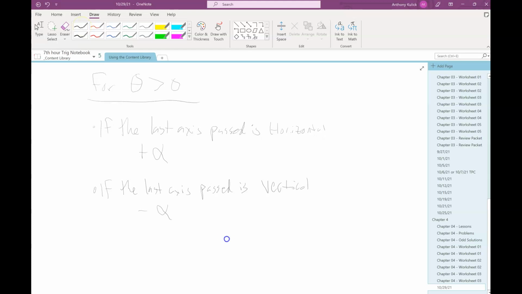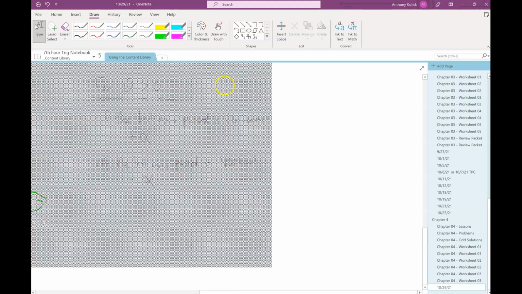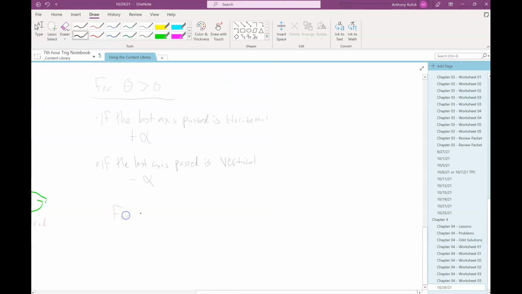What do you think is going to happen if theta is negative? It just reverses. Instead of adding for the horizontal, we'll subtract. And for the vertical, we're going to be adding.